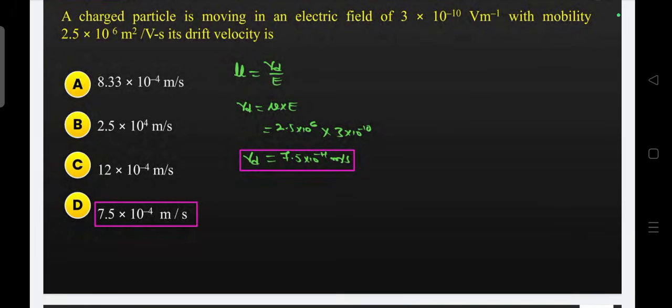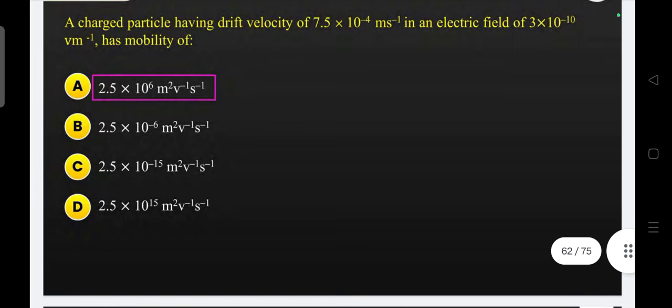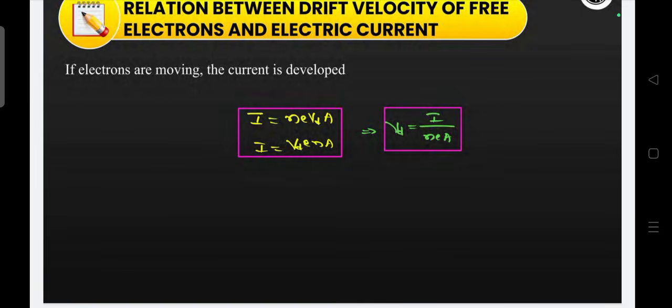First I am giving the topic, then the questions on the basis of this topic. This is the question on the basis of drift velocity with solution. Next question. The relation between drift velocity of free electrons and electric current is this relation.